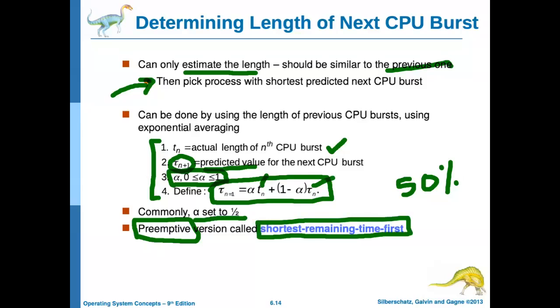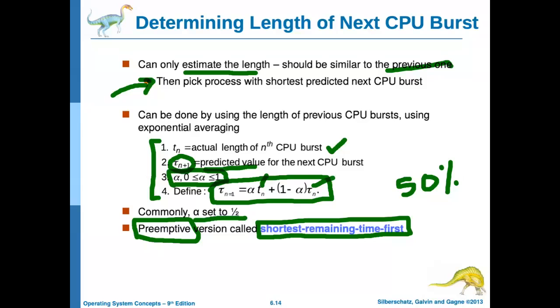But if it is preempted, say for example, for one of the processes the CPU burst is 8 units, and it has already executed for 2 units, then 6 is the remaining. Okay, so that is remaining time. Got it?